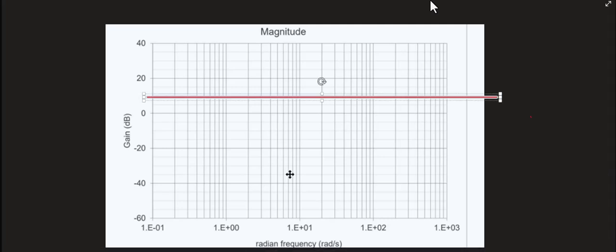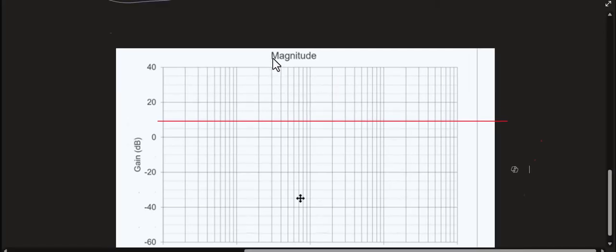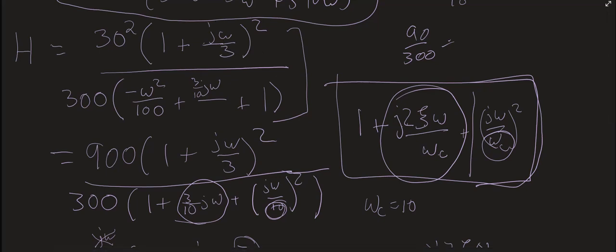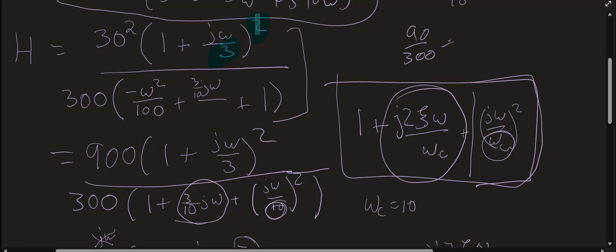There we go. Okay, now we had a pole, sorry, we had a zero with corner frequency 3 and order 2.